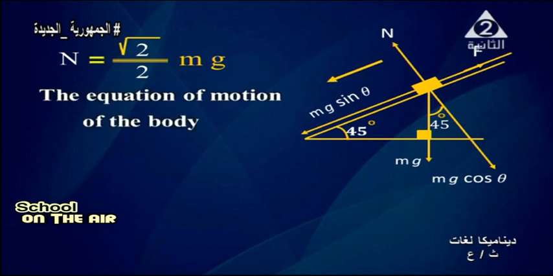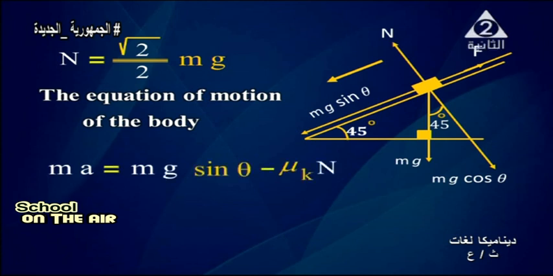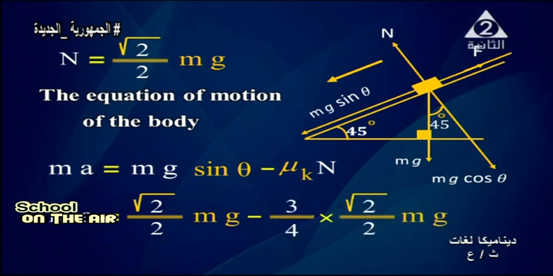Now the equation of motion of the body: ma equals mg sine theta minus mu k N. m is the mass of the body, multiplied by the acceleration, equals sine 45, which equals root 2 over 2 mg, minus mu k, which equals 3 over 4, multiplied by N, or root 2 over 2 mg.